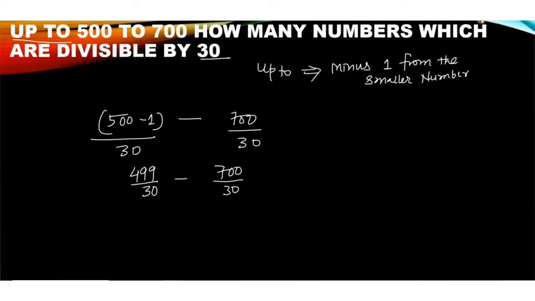So when you do the division work, it will be 16 here and it will be 23 here. So 23 minus 16, so total 7. So there are 7 numbers which are divisible from 500 to 700. So remember, this is the keyword, up to.